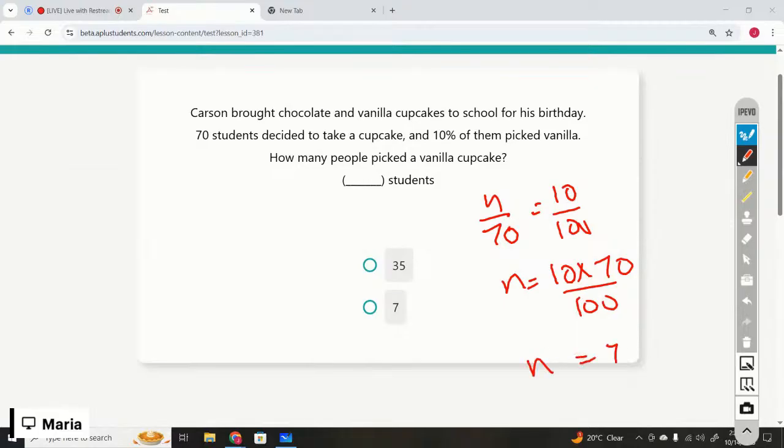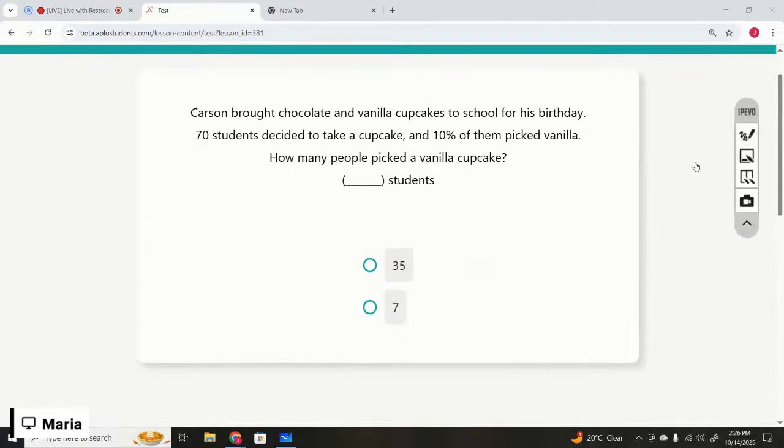That means 7 of them picked vanilla. The correct option is 7. Option number 2 is the correct option.